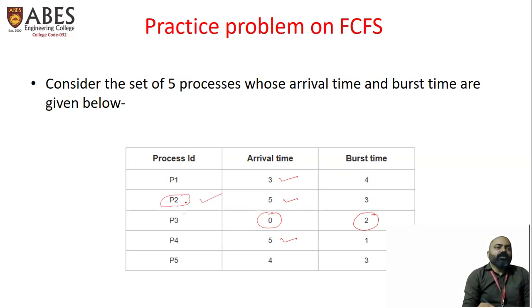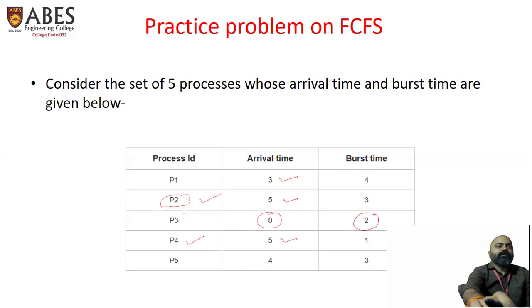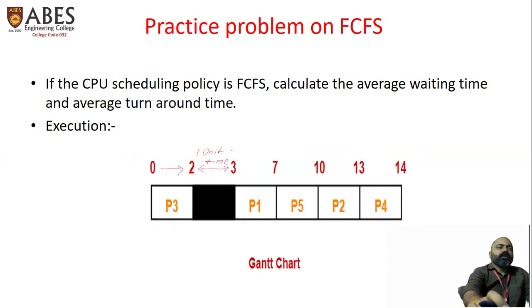So P2 will get executed first, and after that P4 will get executed. And meanwhile, between 5 and 3, there is P5. So P5 is also executed between P1 and P2, P4. So this is the Gantt chart.